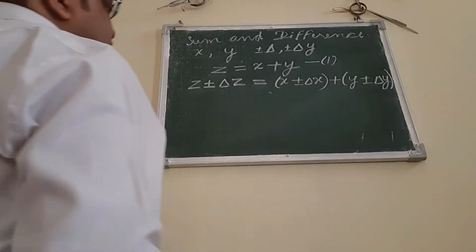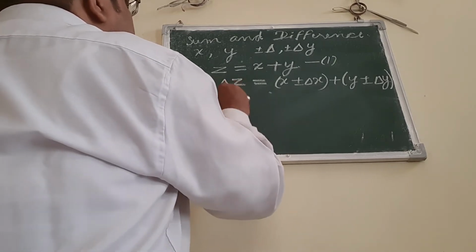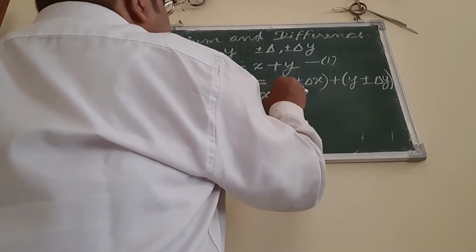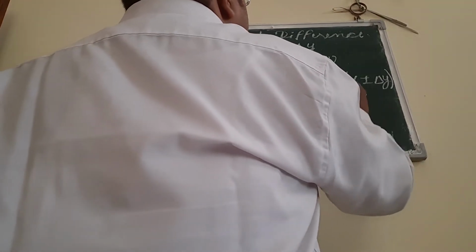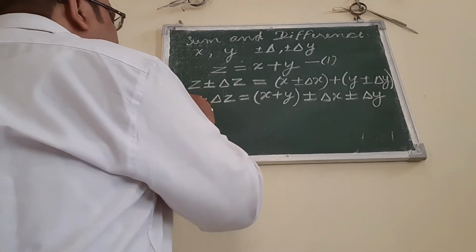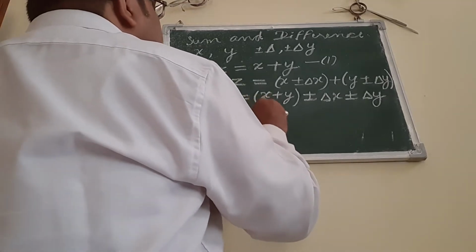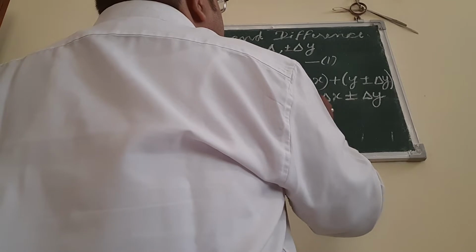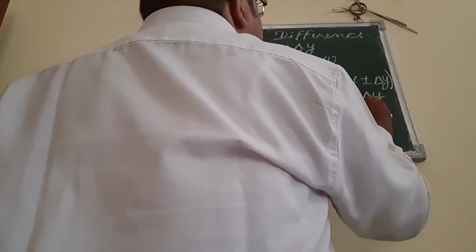Now we can arrange it and write z plus minus delta z equal to x plus y plus minus delta x plus minus delta y. Now putting the value of x plus y from the first equation, we get z plus minus delta z is equal to z plus minus delta x plus minus delta y.